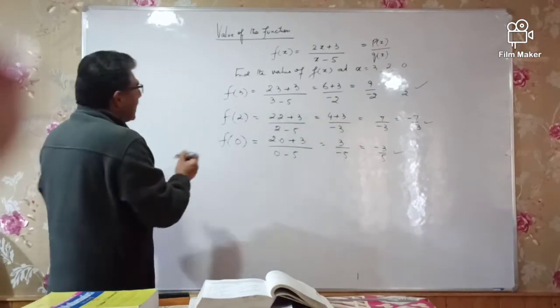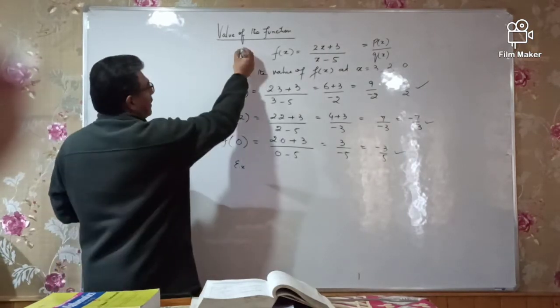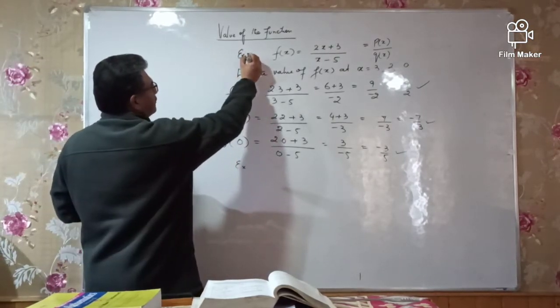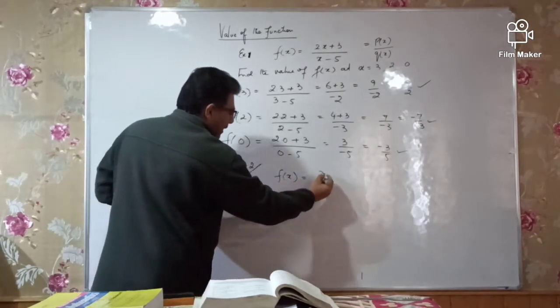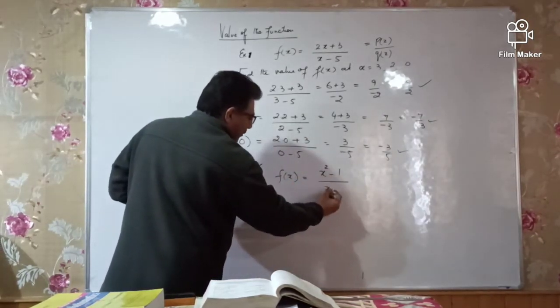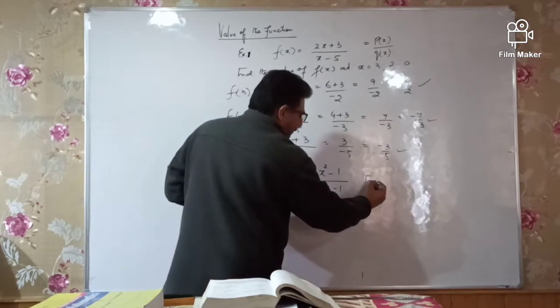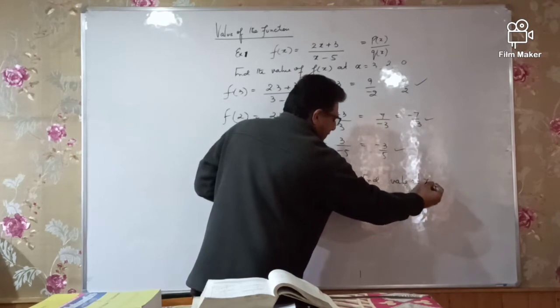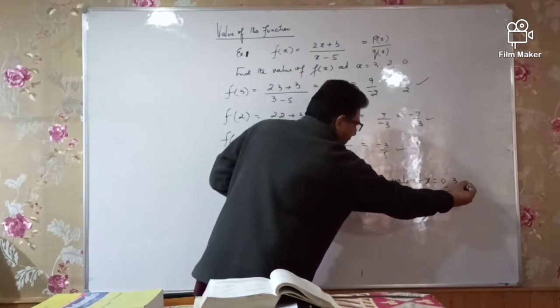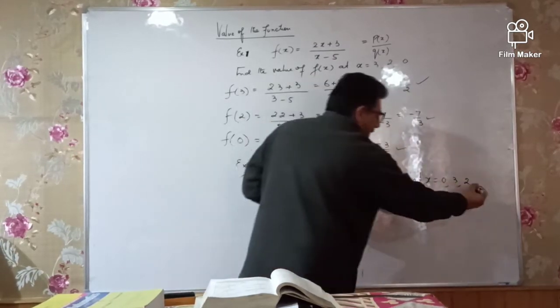Now if I take another example, example number 2, if I have f(x) is equal to (x square minus 1) upon (x minus 1), find the value at x equal to 0, 3, 2 and 1.